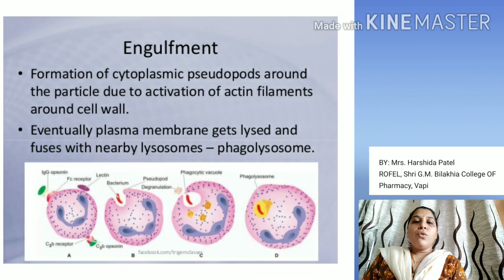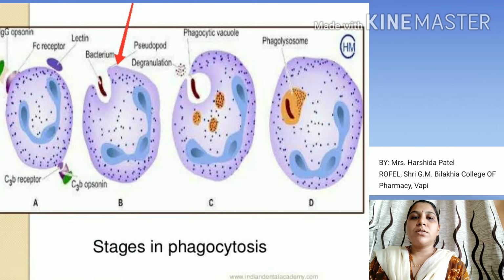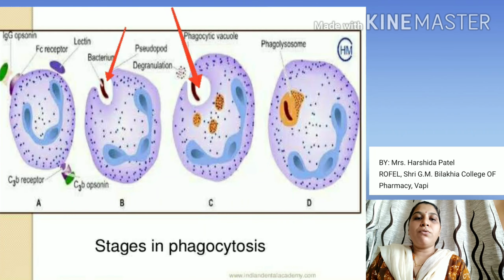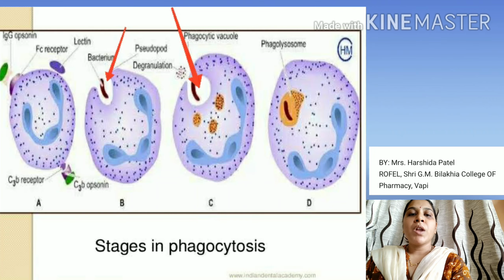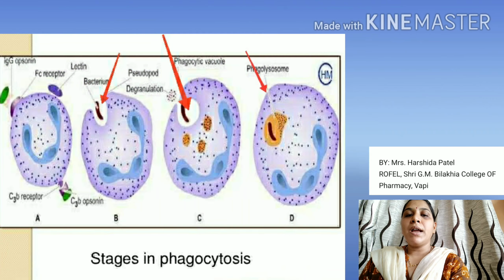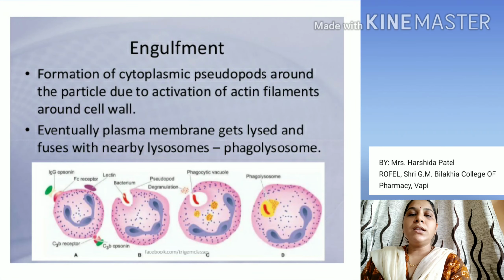When the pseudopods cover the particle, they form a vacuole called the phagocytic vacuole, which takes the particle inside the cytoplasm. Then the membrane fuses with a nearby lysosome, forming the phagolysosome. In this way, the engulfment of the particulate inside the phagocyte is done.